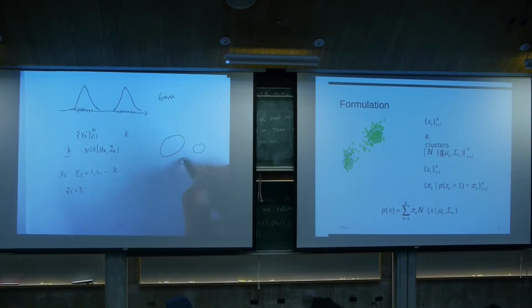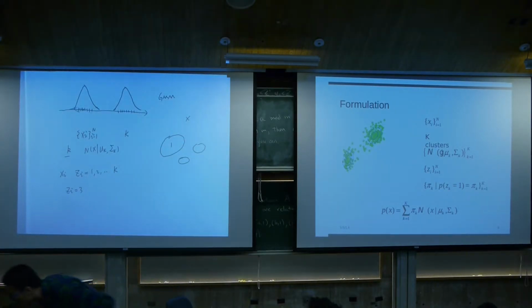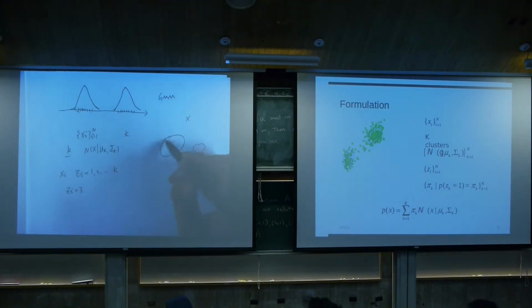Another assumption we made is that, look at this example. We have 3 clusters here. Now I ask a question. How likely is an arbitrary point x to be from cluster 1? The probability could be high, right? Because this cluster is really large compared with these 2.